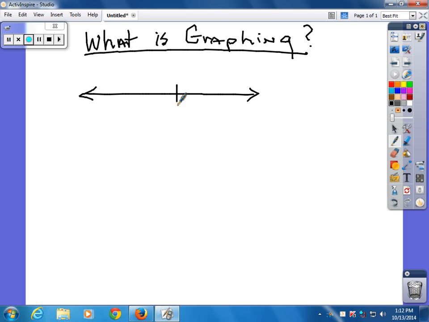Remember this? 0, -1, -2, 1, 2. You might have put a closed circle here, and a closed circle here, and then shaded in the area from -1 to 1.